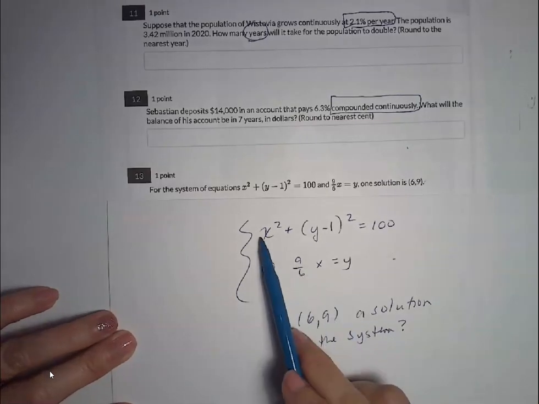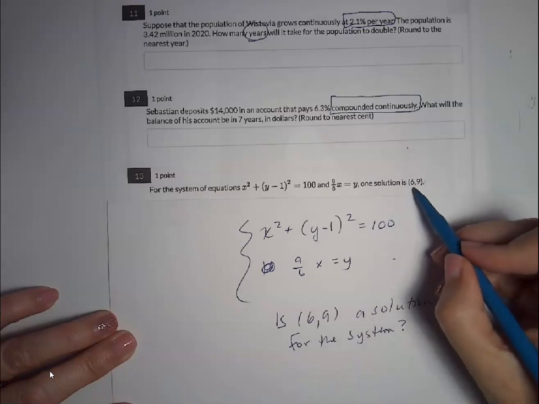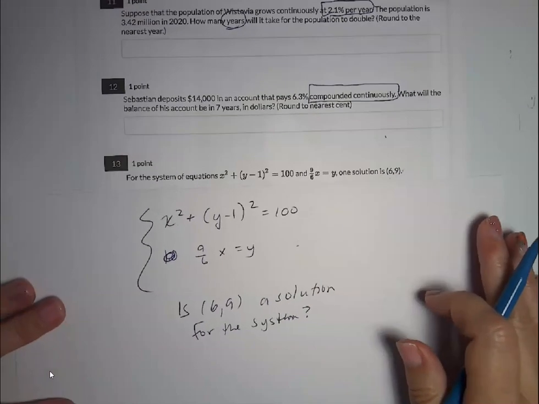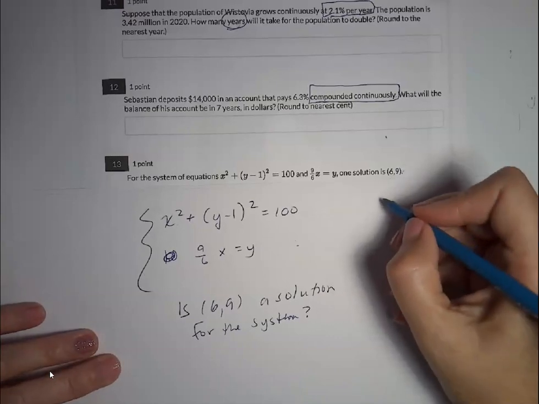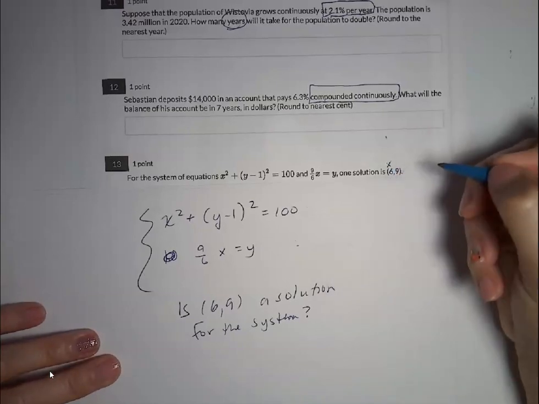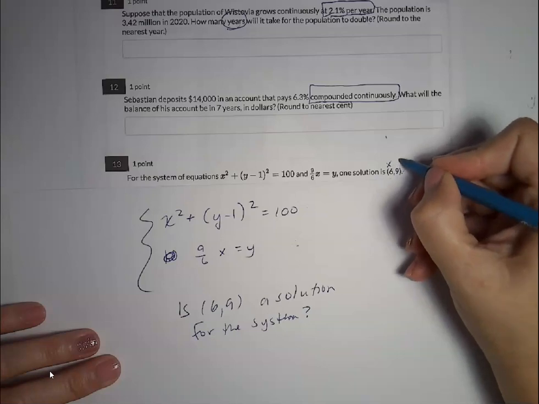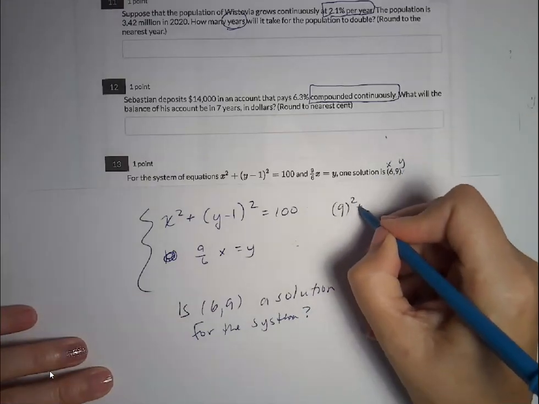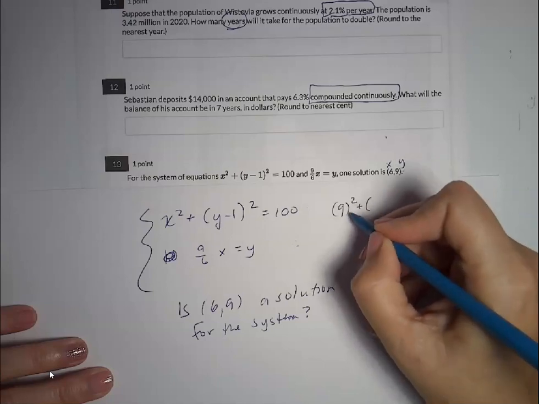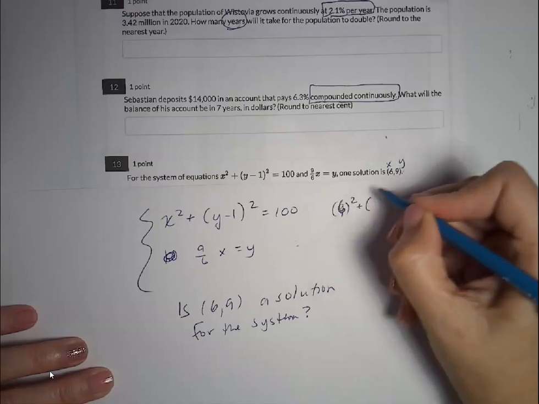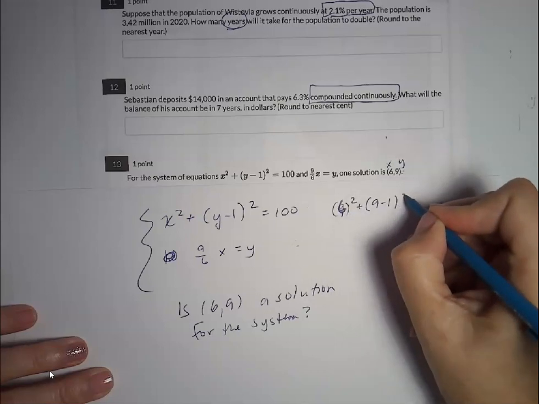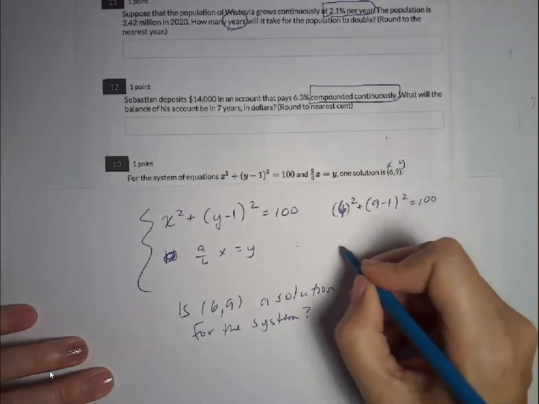So in other words, if I put 6, 9 in here, 6 for x and 9 for y, will both be true? So let's try this. I'm going to replace x with 6 and y with 9. So this becomes 6 squared plus 9 minus 1 squared is equal to 100. That's my first one to check.